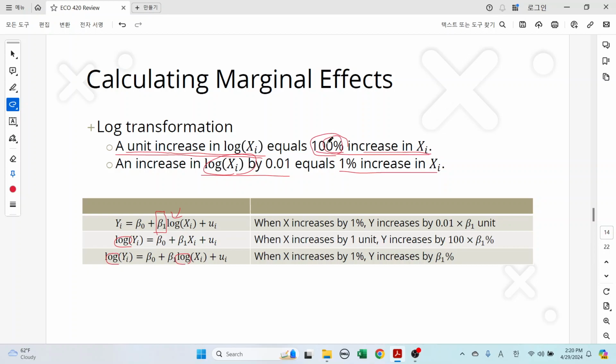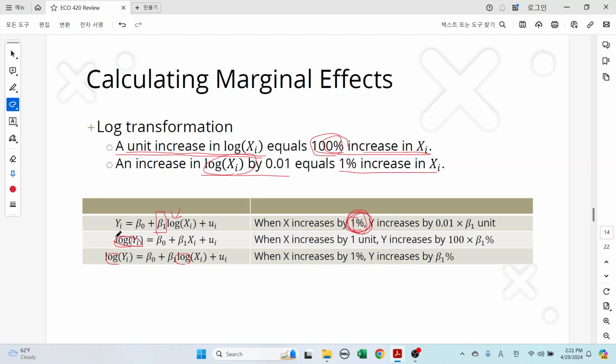So this is too much change. So I would say it this way: when x increases by 1%, which is a more natural unit, then y increases by 0.01 times beta 1, right? So beta 1 captures 100%, so you have to scale it back down to 1%.